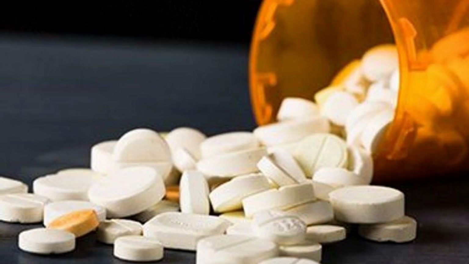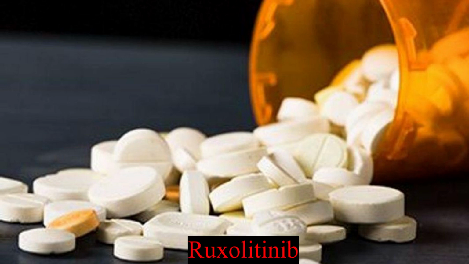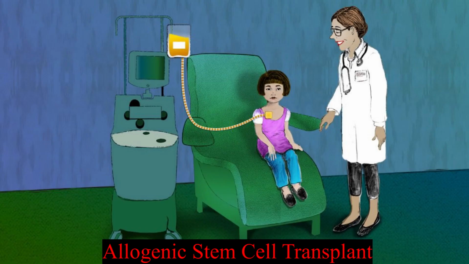Similarly, if the patient is in the intermediate 2 or high risk group, then ruxolitinib can be given, which reduces splenomegaly and alleviates the constitutional symptoms. Allogeneic bone marrow transplantation is the only curative treatment for primary myelofibrosis, and it should be considered in younger patients and older patients with high-risk disease.